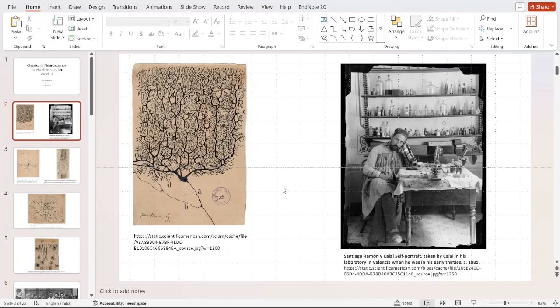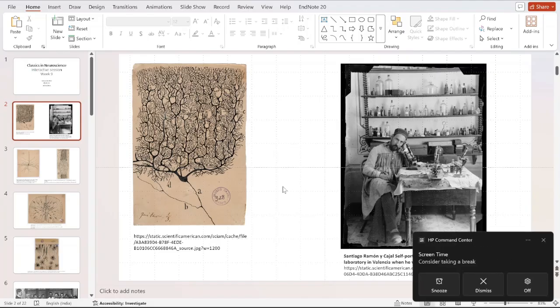Relative to the more opportunities that people like Sir Charles Sherrington enjoyed in England, for example, Cajal did not have that.